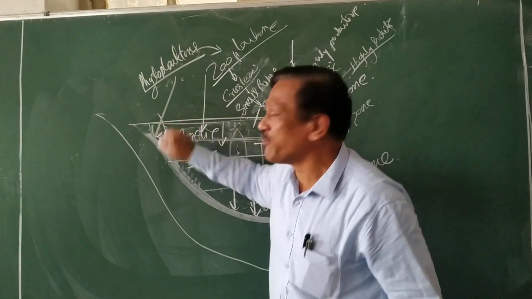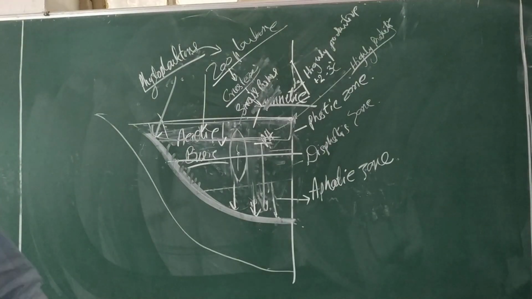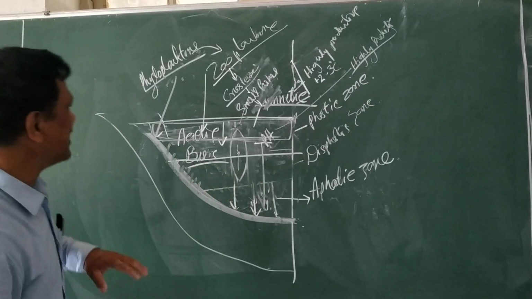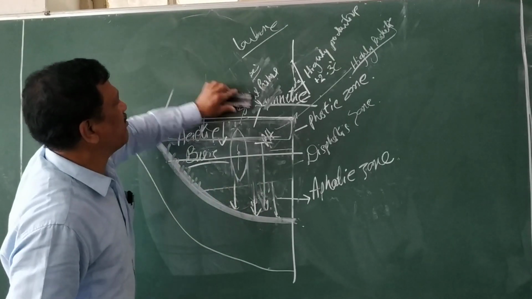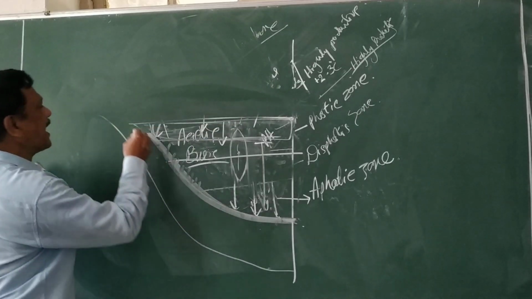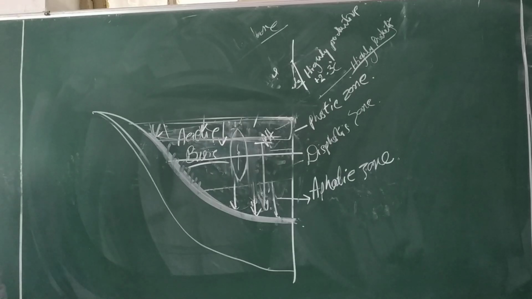Now coming to the macrophytes. Macrophytes means large plants. And these macrophytes are the main source of energy fixation here. And these macrophytes are present in different forms.